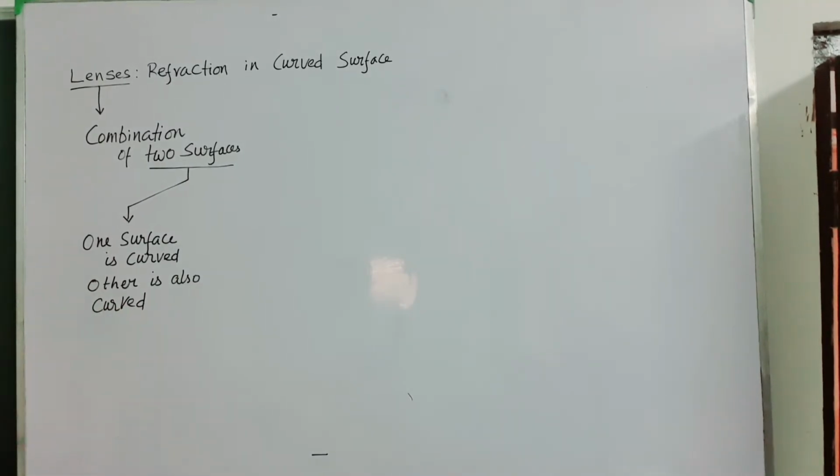So for example, this surface is curved, other surface is also curved. So lens is basically bounded by two curved surfaces in this case.